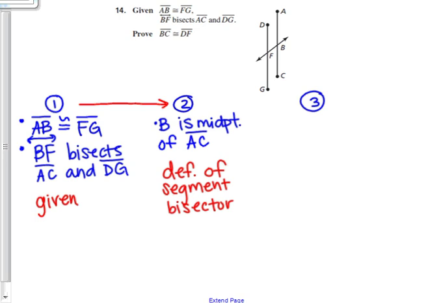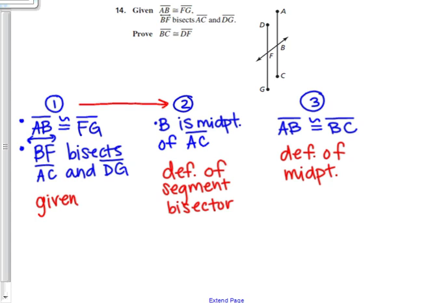So I'm going to say that AB, segment AB, is congruent to segment BC. Because I knew that B was my midpoint, and I knew midpoints split segments in half. So I know that number 3 is true because of the definition of the midpoint. Definition of midpoint, M-I-D-P-T, period.